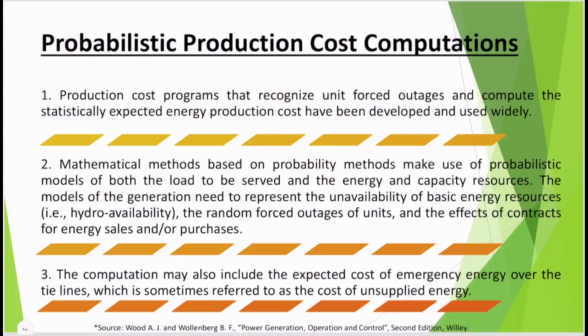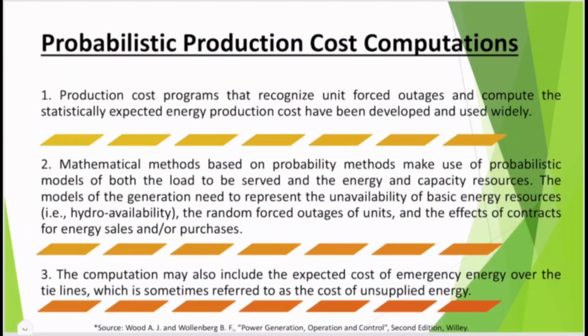The models of the generation need to represent the unavailability of basic energy resources. For an example, if you carry out hydrothermal scheduling, we assume that X megawatt of power can be obtained from my hydropower plant, but due to extreme rain conditions or maybe worst weather conditions, the output of the hydropower plant may not be as expected or as predicted.